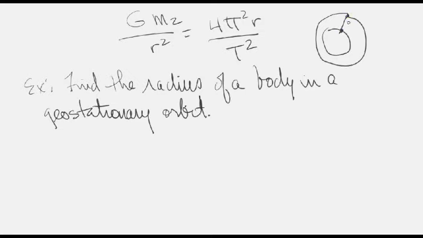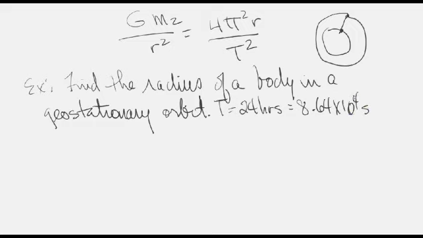So its period of rotation is equal to the period of rotation of the Earth. And just to remind you, the period of rotation of the Earth is 24 hours. Not exactly 24, I know that, but I'm not interested in the decimal places. I'm interested in showing you how this problem is done. And that translates into 8.64 times 10 to the 4th seconds.